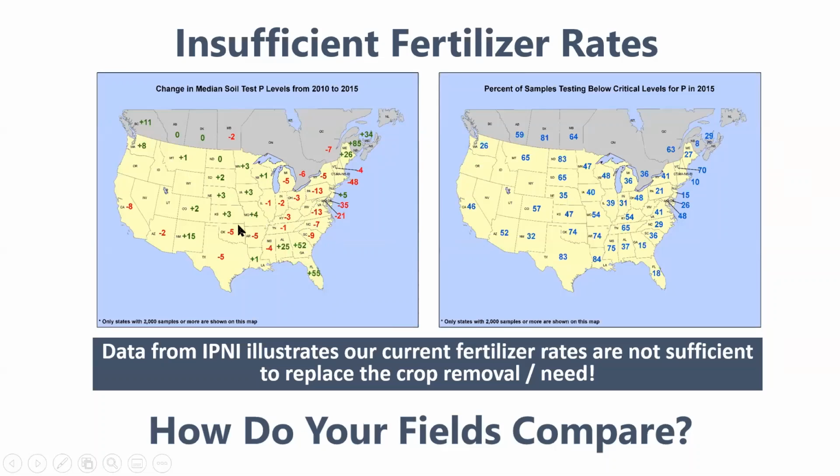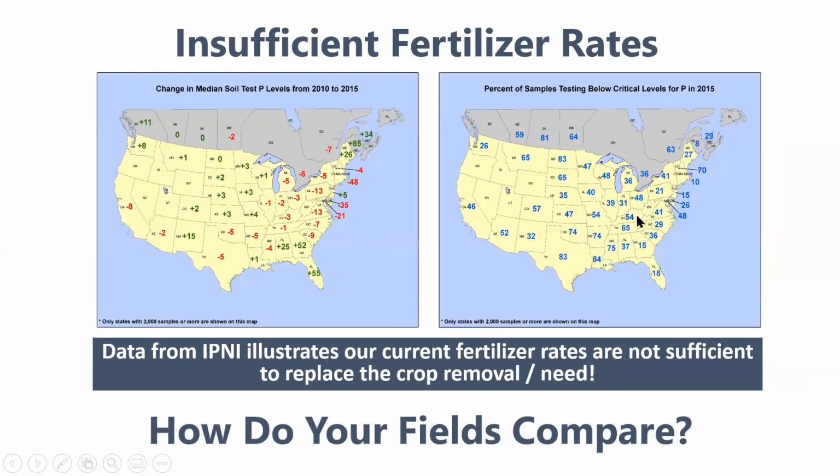This map on the left shows the change in the average soil test P from 2010 to 2015. The green numbers are the states and provinces that gained in their average phosphorus level. The red ones are the states and provinces that are losing, going backwards, not applying enough fertilizer. The map on the right shows the percentage of samples taken in each state or province that are at or below critical soil test level.